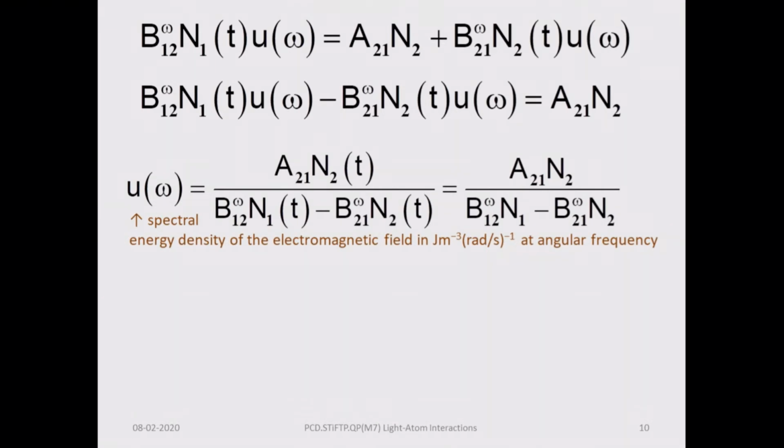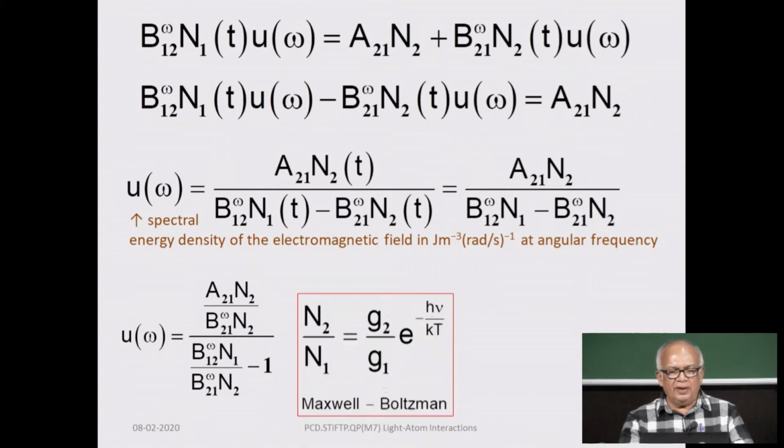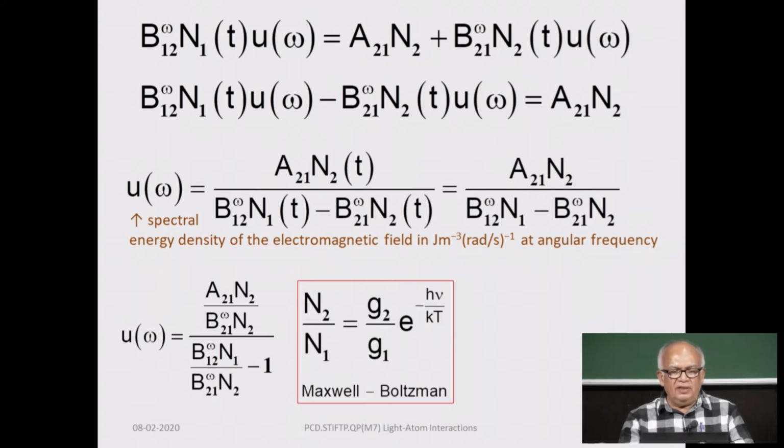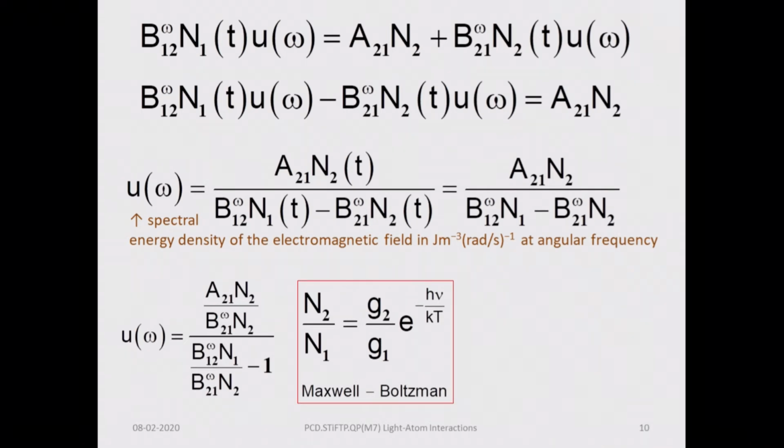So, we have factored out the spectral energy density of the electromagnetic field and have all the other terms on the other side, and now we can just divide the numerator and the denominator by B21 N2. Every term we divide by B21 N2. So, in the denominator in the second term you have a factor of 1, and you have this N2 over N1 which is given by the Maxwell-Boltzmann distribution.